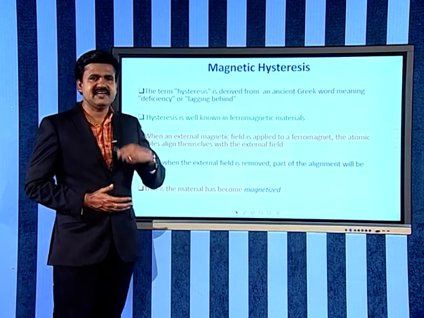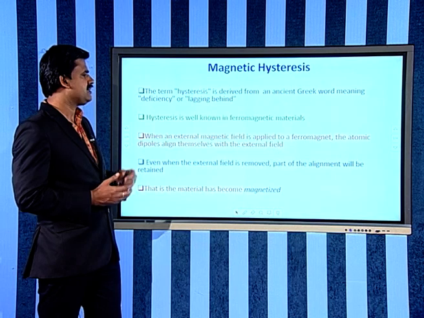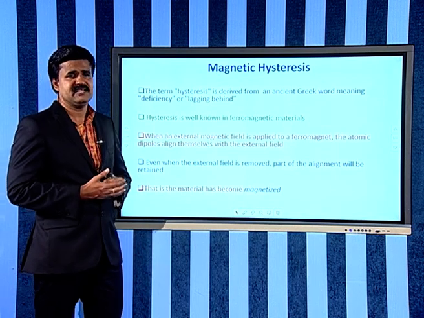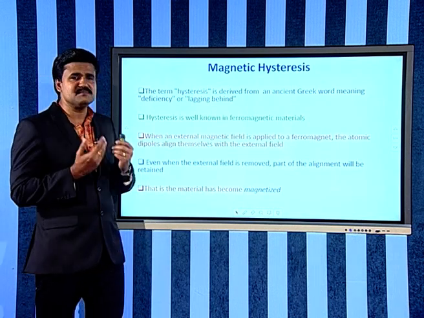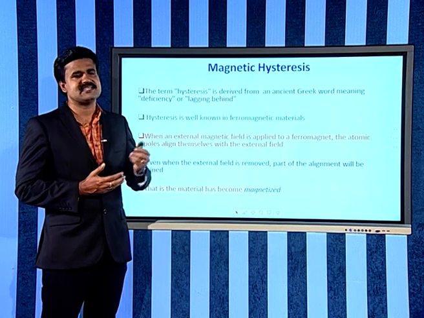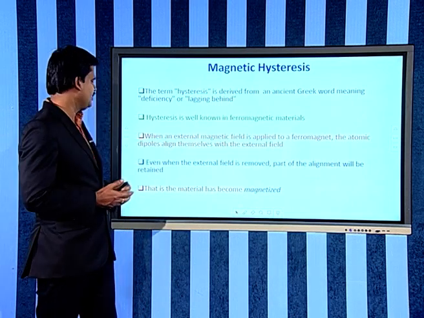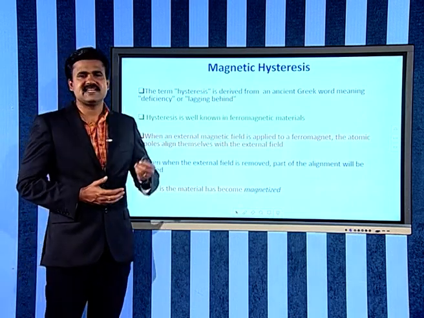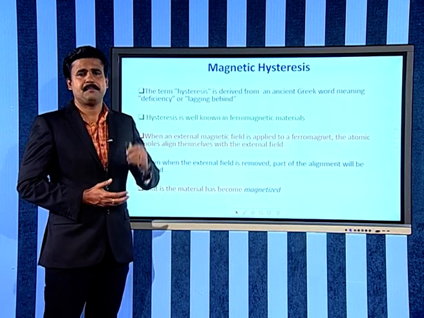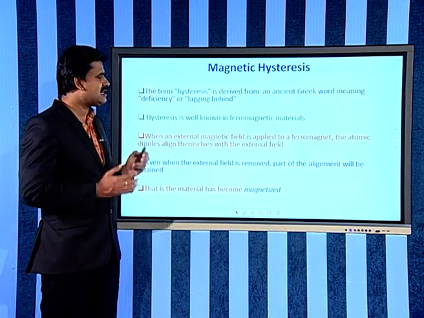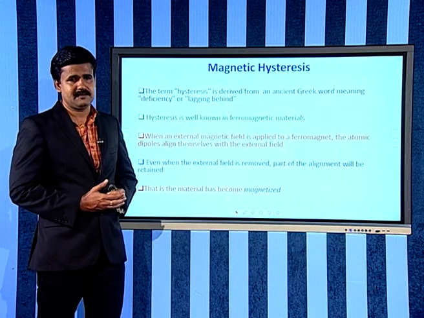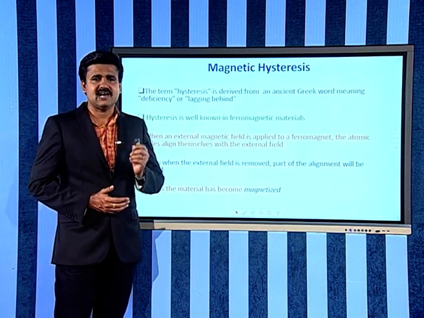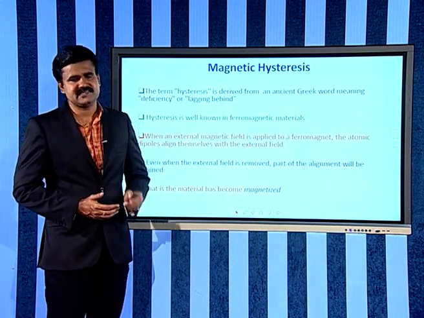When an external magnetic field is applied to a ferromagnet, the atomic dipoles align themselves with the external field that we applied. Even when the external field is removed, part of the alignment will be retained in the material. That material has become magnetized.